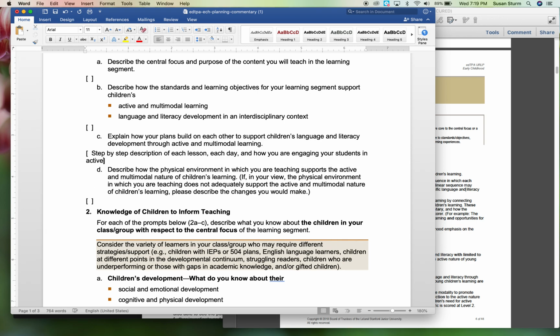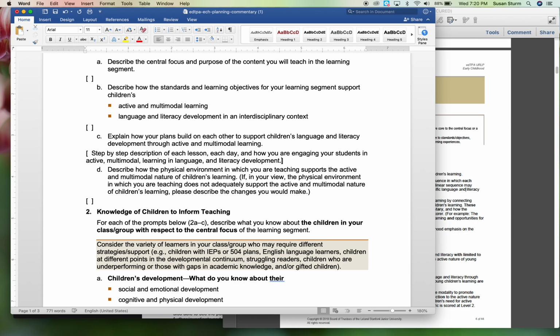So that's one thing. Multimodal, that's another thing. Learning in language, that's one thing. And literacy development, that's another thing.